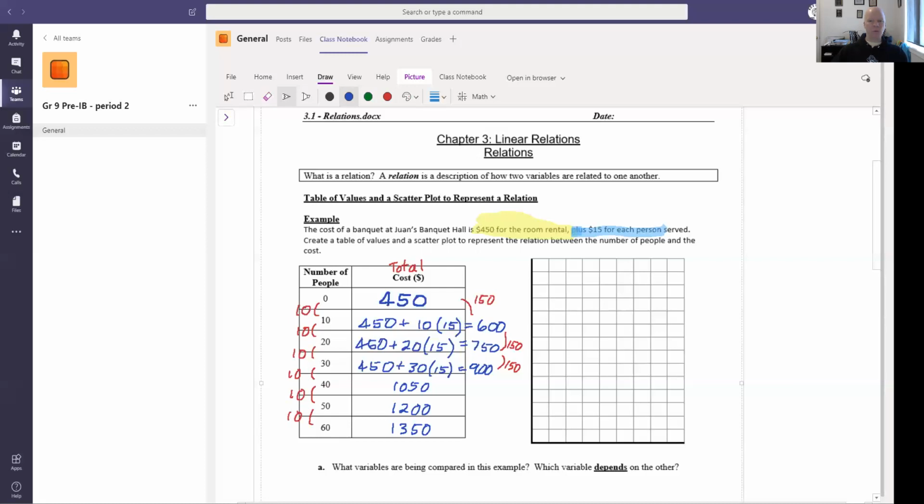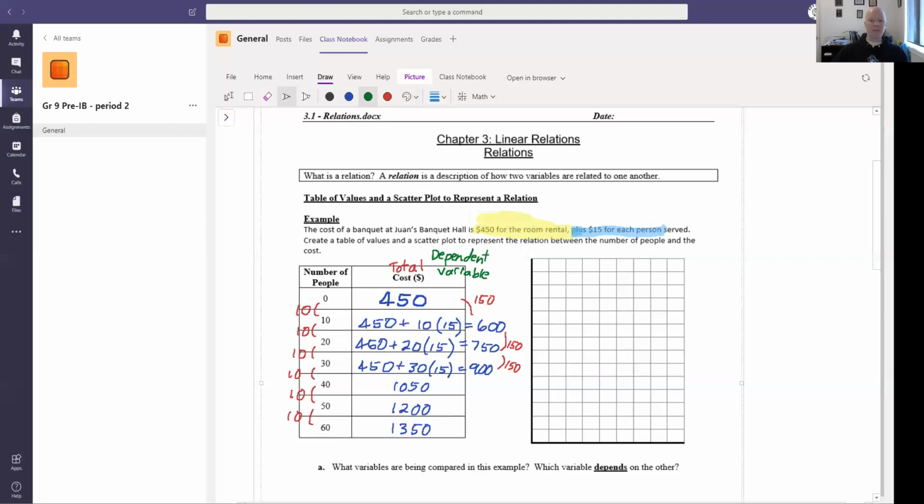So we're actually going to call this the dependent variable, because this keeps changing. Because it keeps varying, it changes, so it varies.